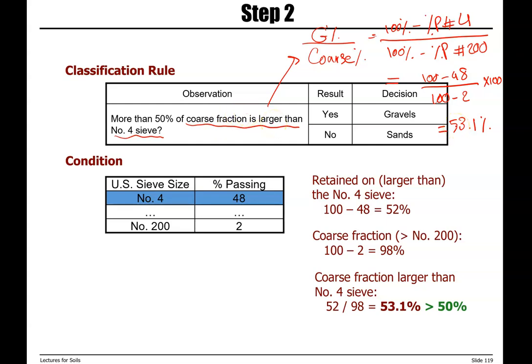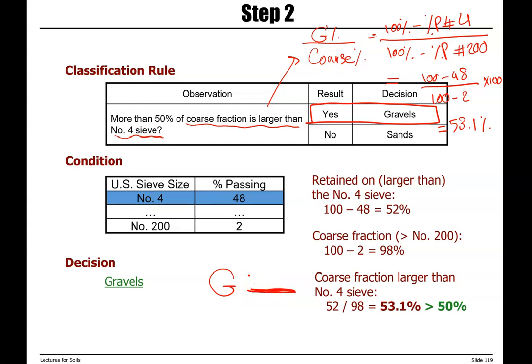Yes, 53% of coarse fraction is larger than number 4. So the answer is yes, which means that the sample is mostly gravel. We have more gravel compared to sand. So the first letter is G for gravel.